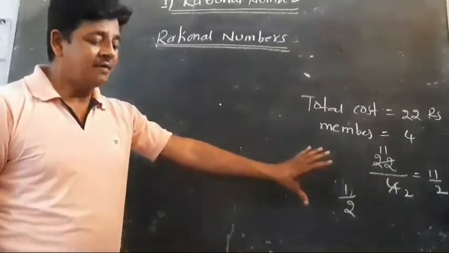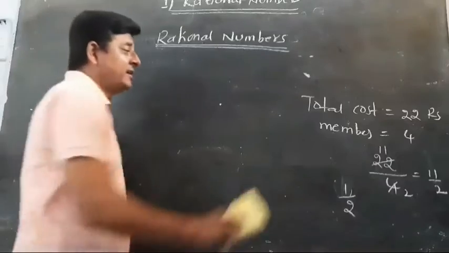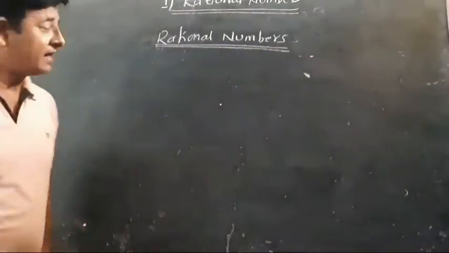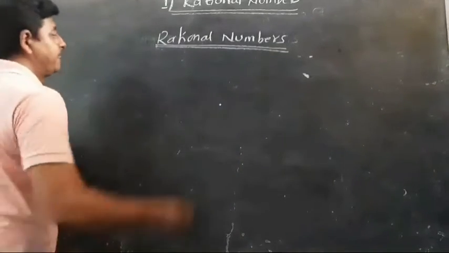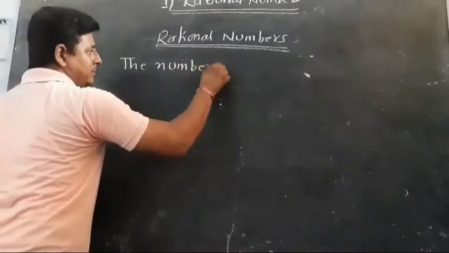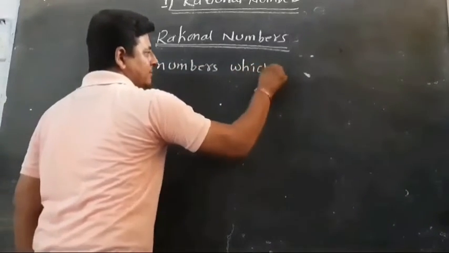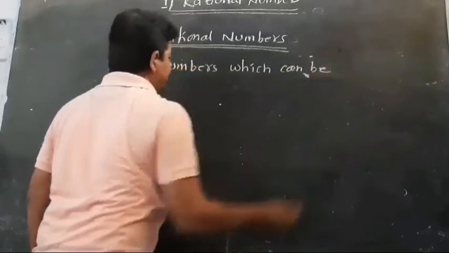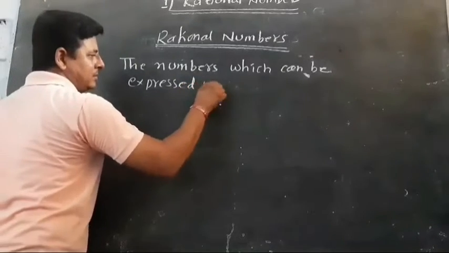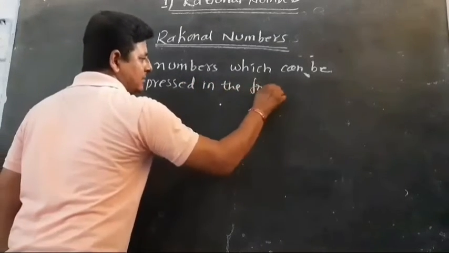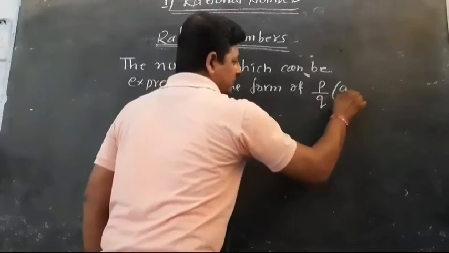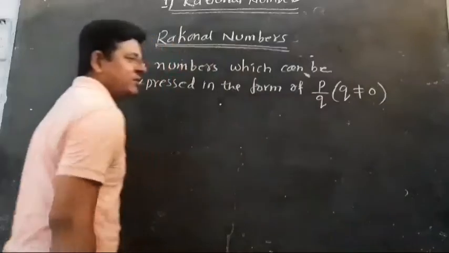I will write the definition of rational numbers on the board. See, all of you. So what are rational numbers? The numbers which can be expressed in the form of P by Q, and that Q is not equal to 0.